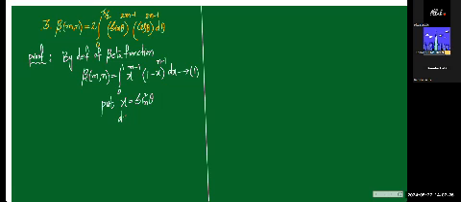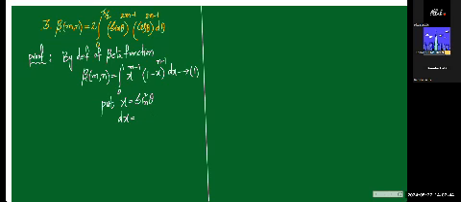Now differentiate dx. What is the differentiation of sin square theta? Minus cos square, very good. Say again, sin square theta differentiation is minus cos square theta?